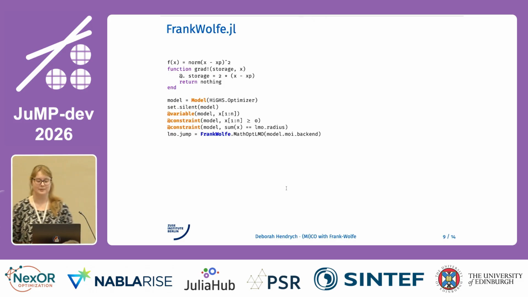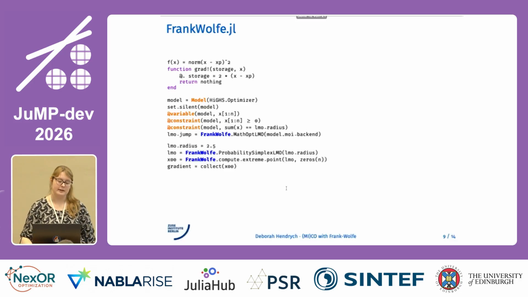And now this is the way we currently use JuMP to generate the LMO: by specifying, in this case, the HiGHS LP solver, modeling it normally, and then FrankWolfe technically is only interested in the MathOptInterface backend. So you could also model this with MathOptInterface directly if you prefer.